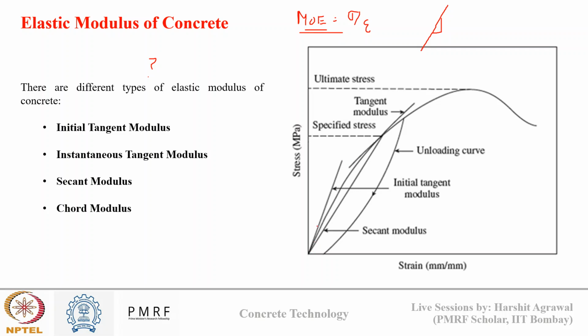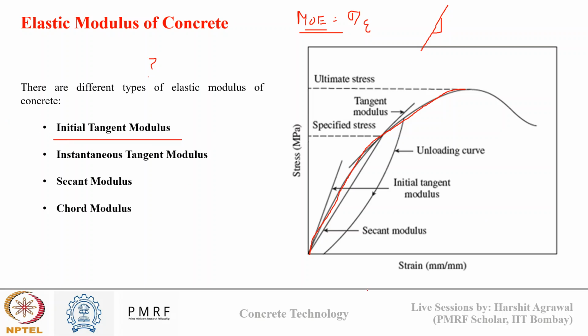But here it is a non-linear behavior, so there are multiple ways in which we can define it. In linear behavior, the slope is constant, so the modulus of elasticity is constant. But here there can be different ways to define it. The first way is known as the initial tangent modulus.